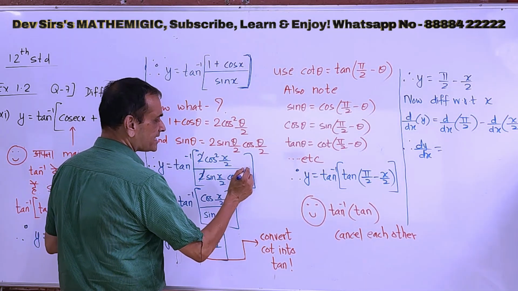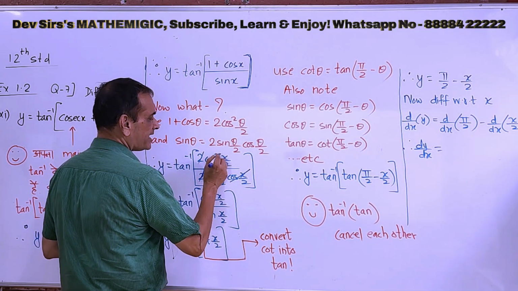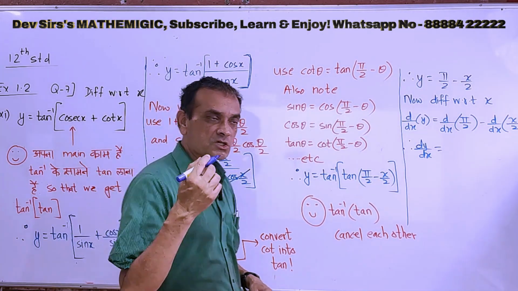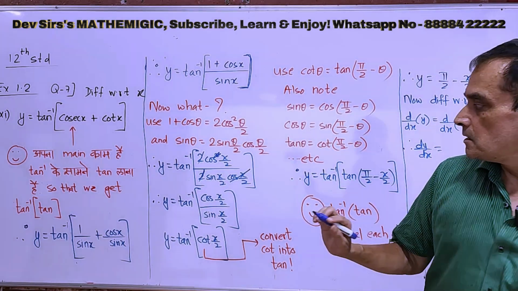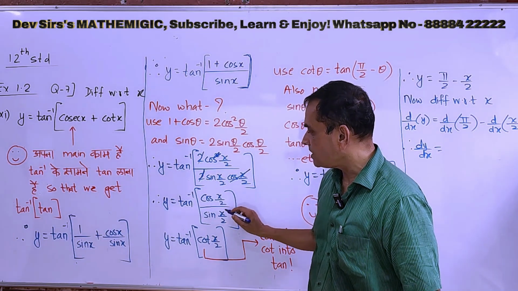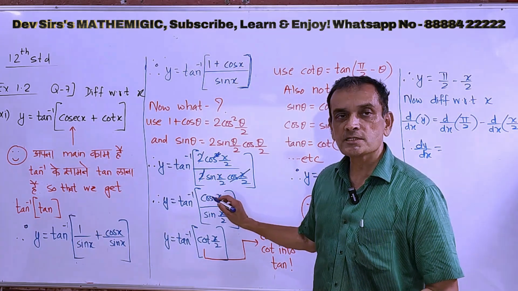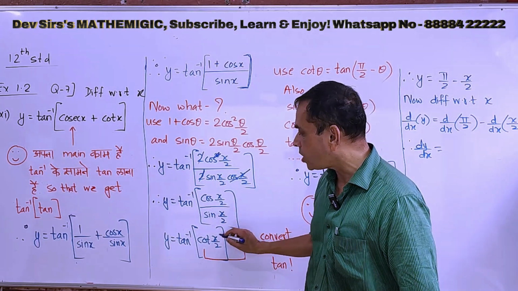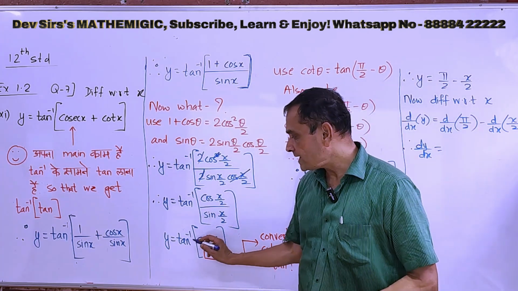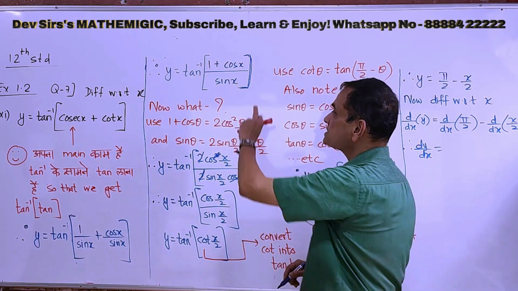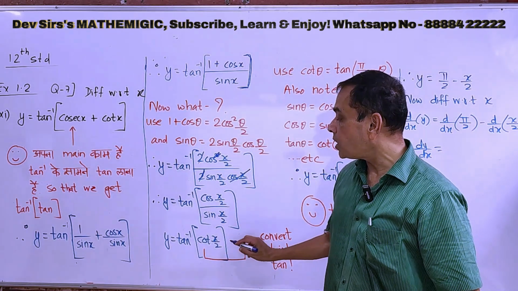So one cos gets cancelled. Of the cos square, one cos has got cancelled. So one cos remains upon sin x by 2. So cos x by 2 upon sin x by 2 is cot x by 2. Clear? So tan inverse of all this has been converted into cot x by 2.